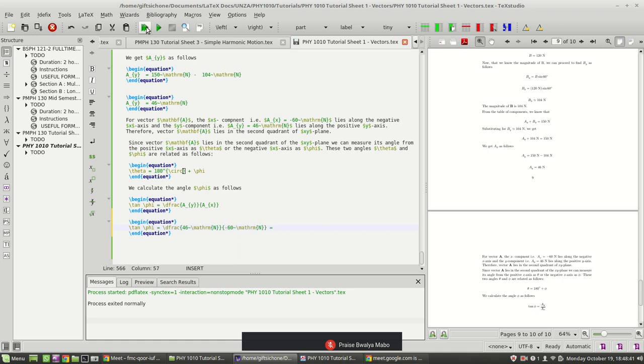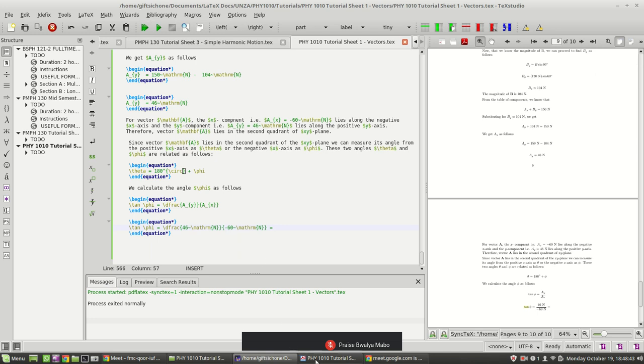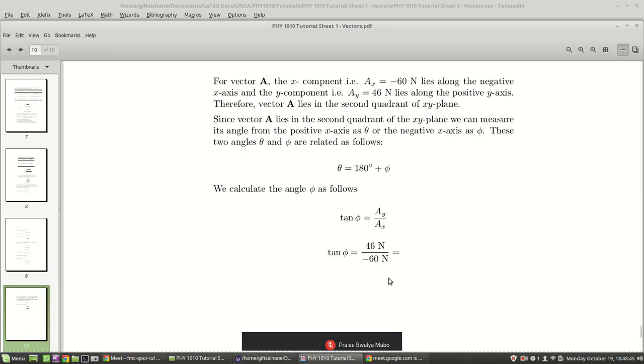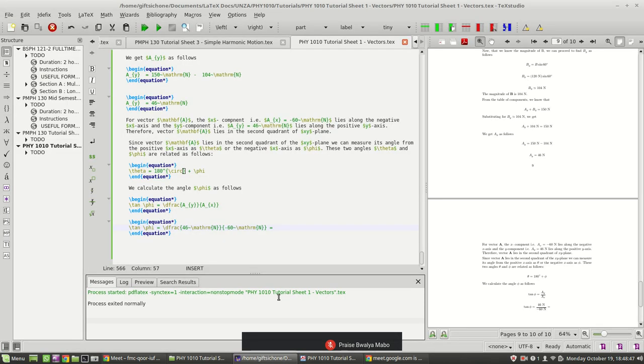So how much do I get for that? 46 newtons divided by negative 60 newtons. How much is that? It's negative 0.77.